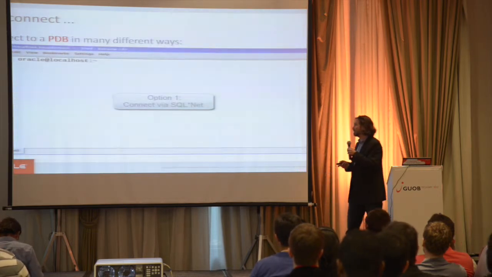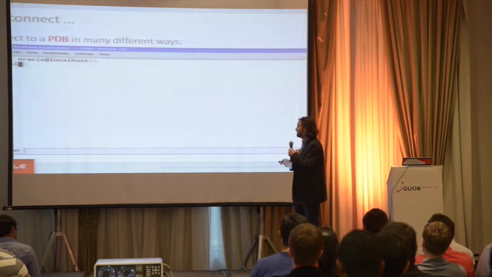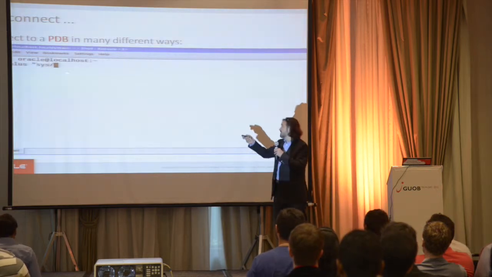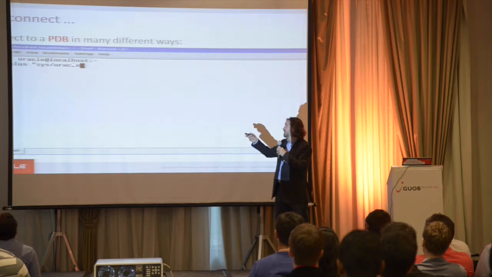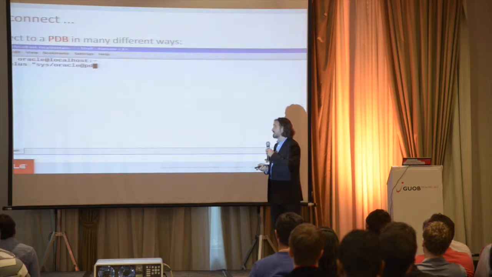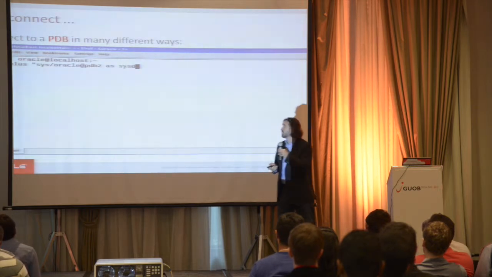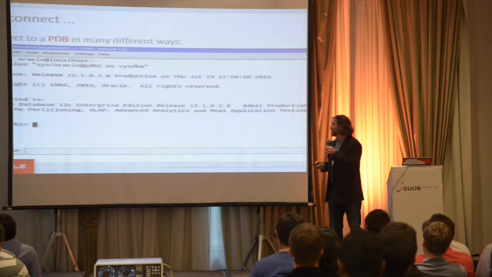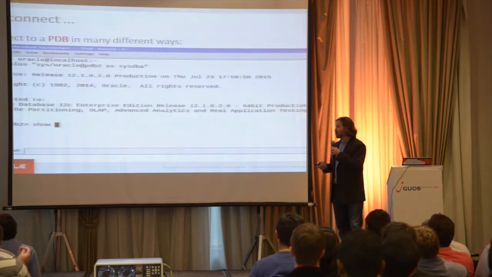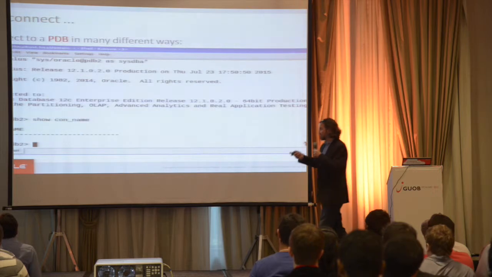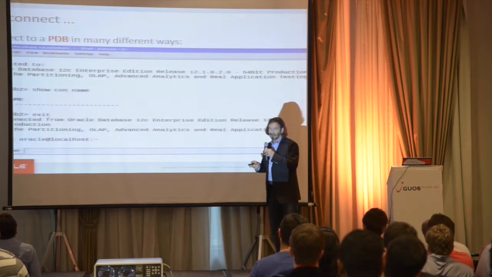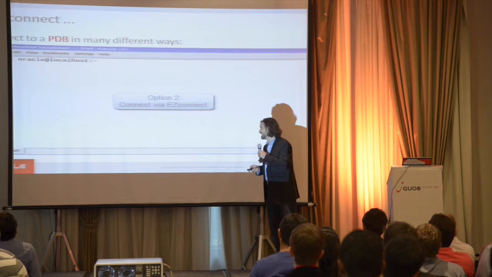How do we connect? Few different examples. First is via SQL*Net. So I say sqlplus sys/password@ and then the TNS alias, PDB2, as sysdba. So I connect into it, and I say show con_name, and now this will be cut off, but it would say PDB2, so believe it, even if you can't see it.